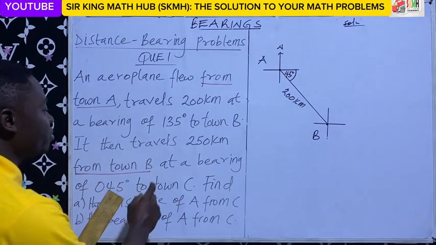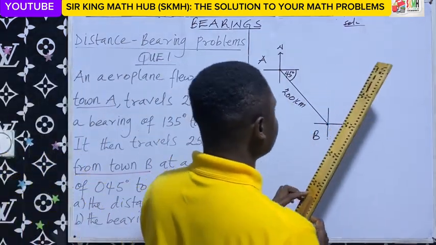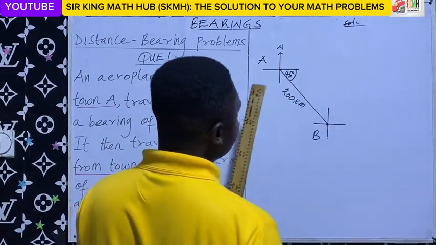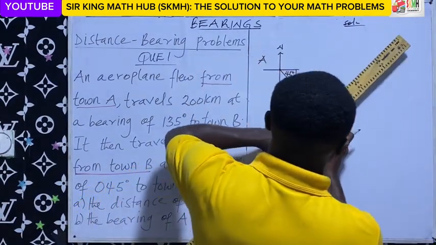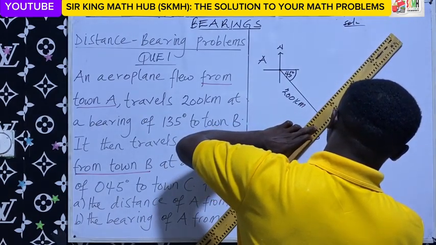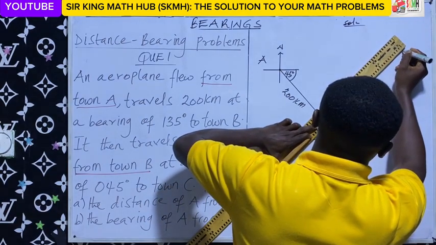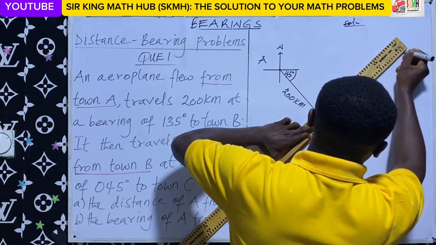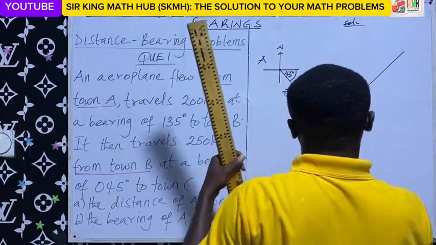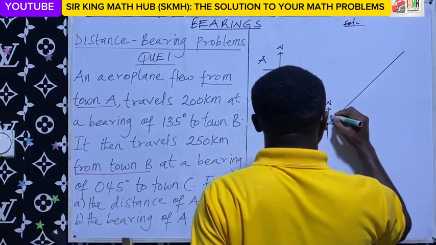It means that from town B we have to measure a bearing of 45 degrees to town C, from the geographical north in the clockwise direction.